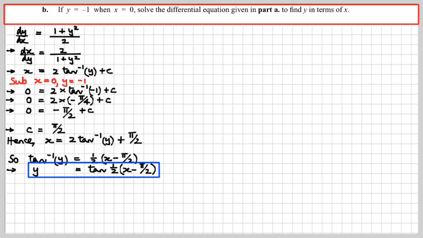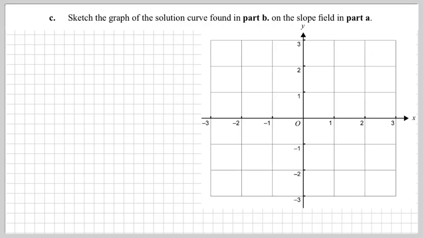Now, what else are we supposed to do with this thing? Sketch the graph of the solution curve found in part B on the slope field from part A. Oh, goodness, they don't want much, do they?